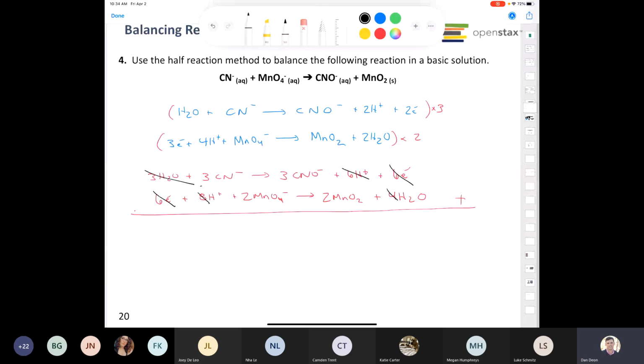I've got 8 over here, so I'll be left over with 2 protons. So now let me write everything down very carefully. I've got 3 cyanide plus 2 MnO4 minus plus 2 protons gives me 3 CNO minus, an isocyanate, plus 2 MnO2 plus H2O.